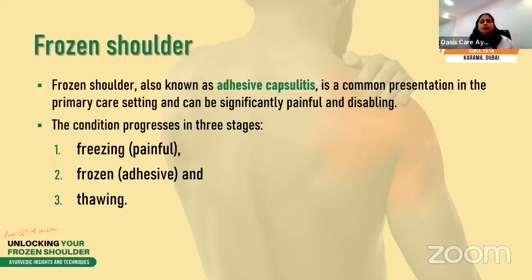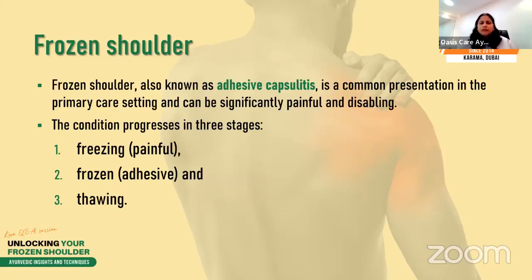Now, in frozen shoulder, there are many stages. The main presentation is adhesive capsulitis, a very painful and very disturbing condition. The condition progresses in 3 stages. First is the freezing stage, which is very painful.